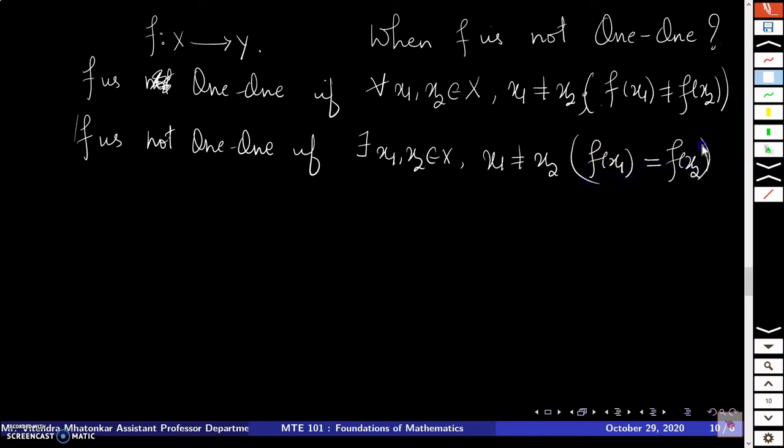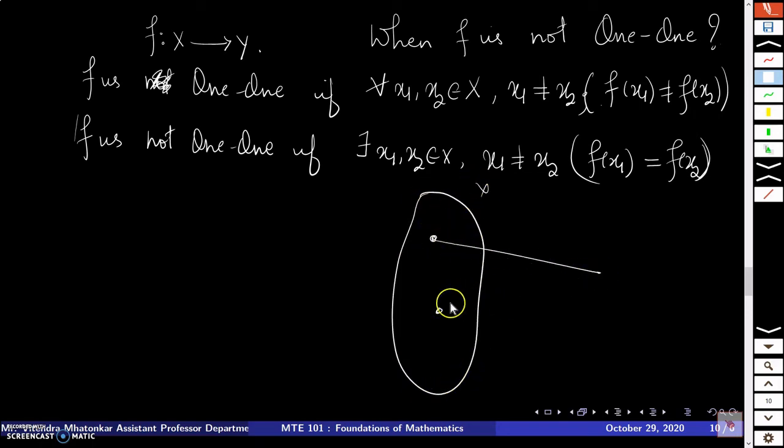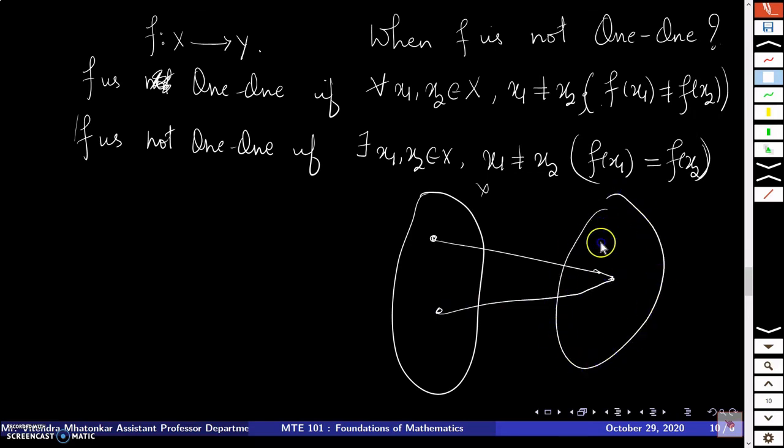So if you can produce 2 points in the domain x1 and x2 which are different but their images are same, the images have to be the same, then we say that the function is not 1 1, right?